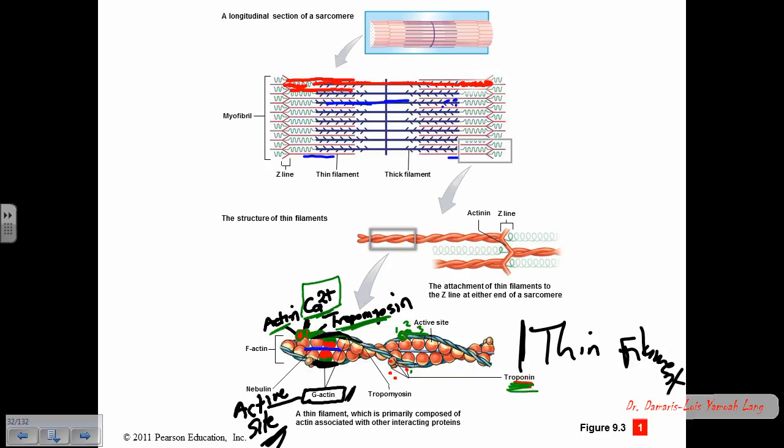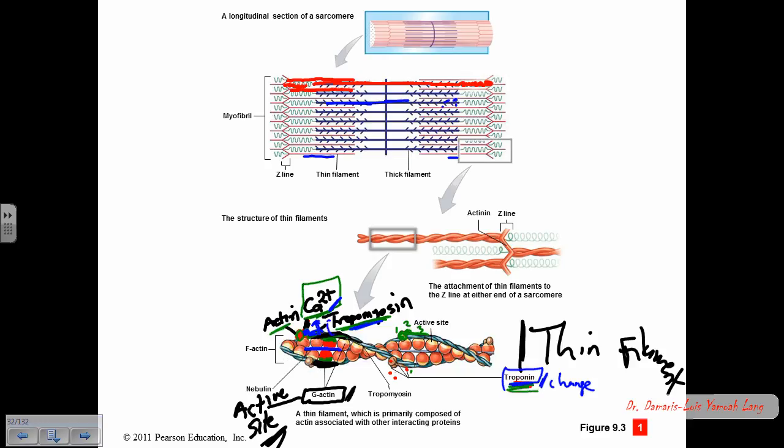So listen to this carefully. This is what happens. When calcium binds to the troponin, it causes the shape of the troponin to change. Okay, a conformational change in the shape of the troponin. And that will pull this part off. And as it's pulling it, what do you think will happen to the tropomyosin?